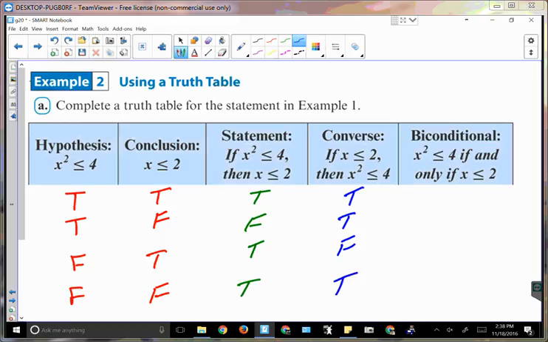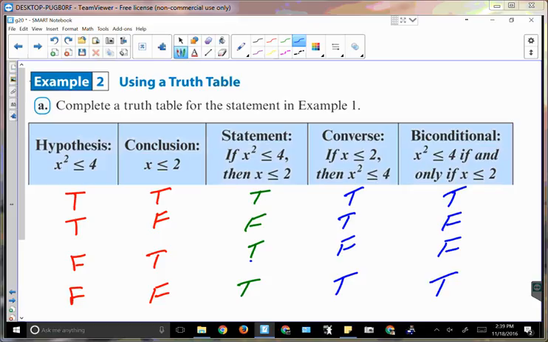Now, biconditional only works with and. And means both, right? Okay. True and true, true. False, true, false. True, false, false. True, true, true.